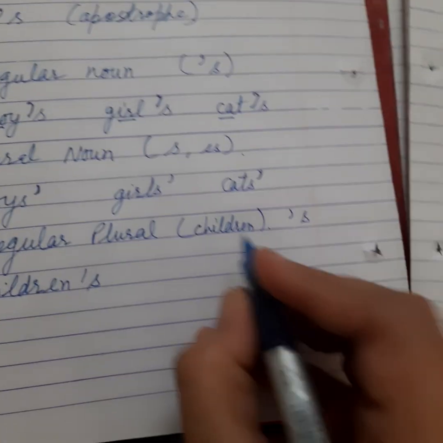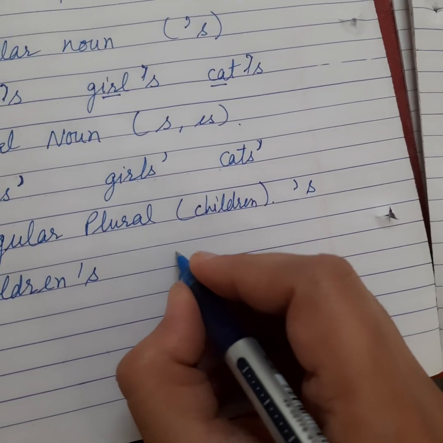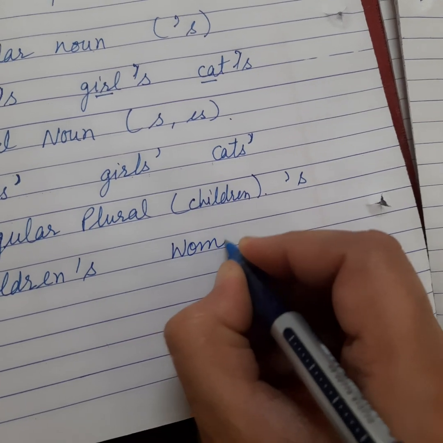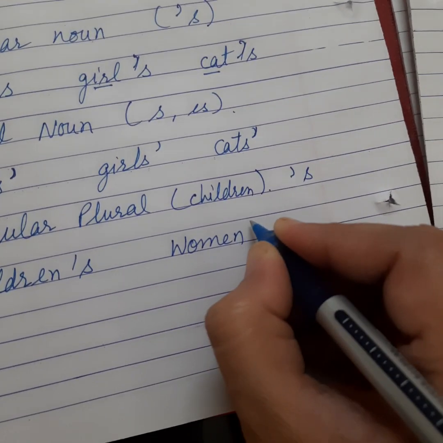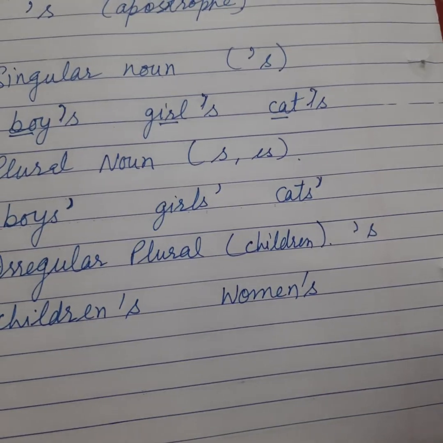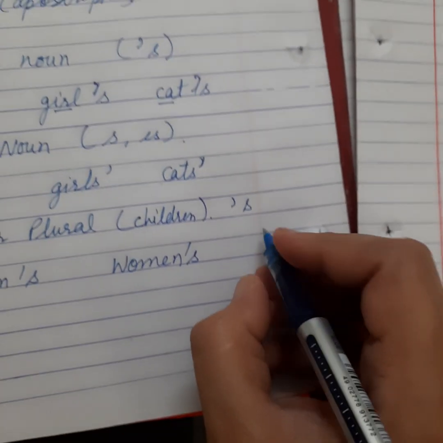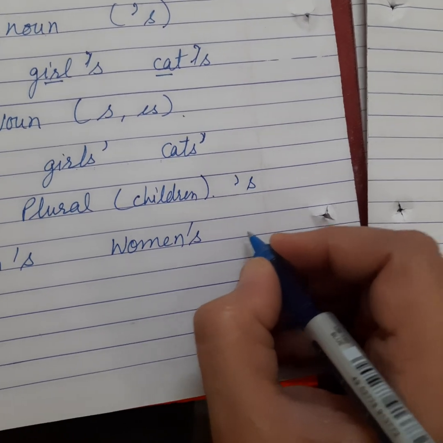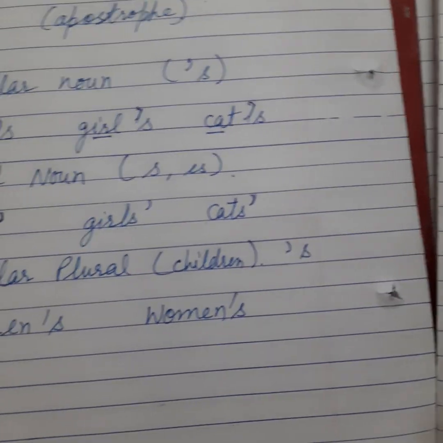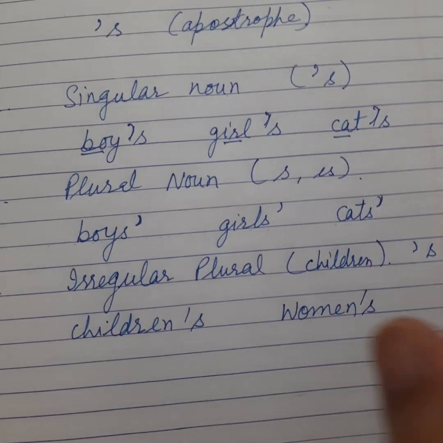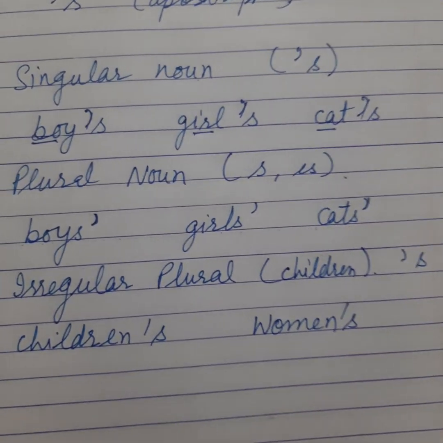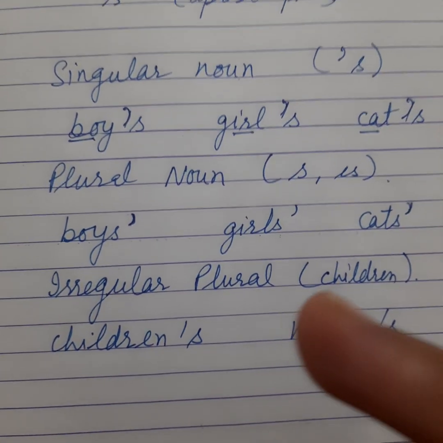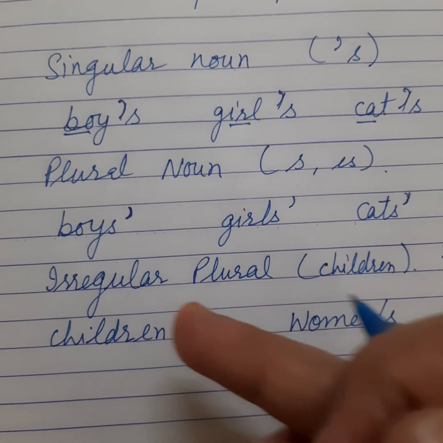Children's park. Women, this is plural, not singular. Women's clothes. And sheep, deer, antelopes. For all the irregular plurals which are not formed by simply adding s, we just add apostrophe and s.